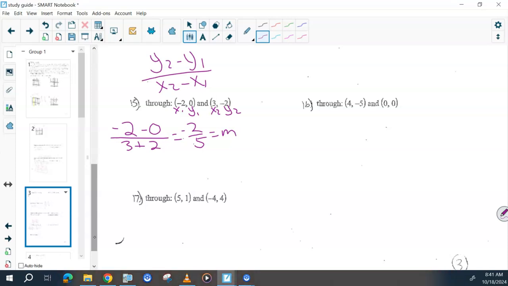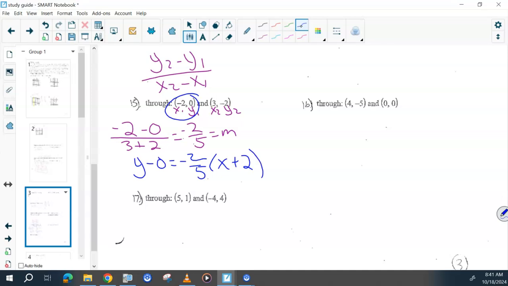Then after you find your slope, you're going to go back and use your point slope to figure out your equation. If you have something with a 0, I would use that one. It'll just make your life a little bit easier. You don't have to, but you can. You could put minus minus and then change it to a plus, or just go ahead and put it as plus.